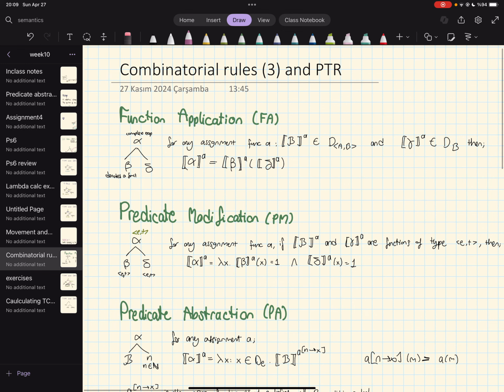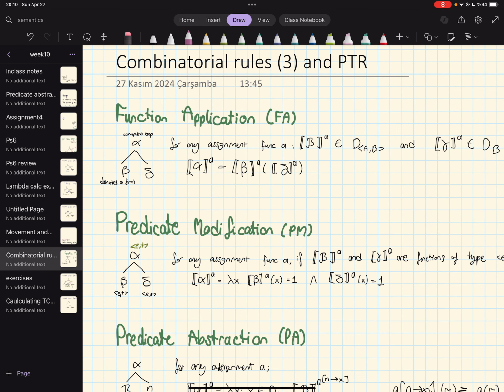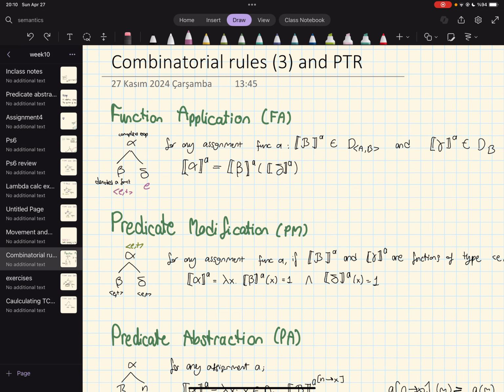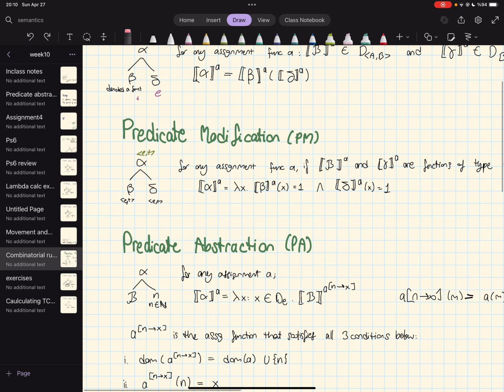So in function application, for any assignment function A, when alpha is the mother, such that alpha is a complex expression, and it has daughters beta and gamma, such that beta denotes a function, for example <e,t>, and gamma is the argument of it, then the denotation of alpha would be beta, such that beta takes gamma as the argument. It looks like this.